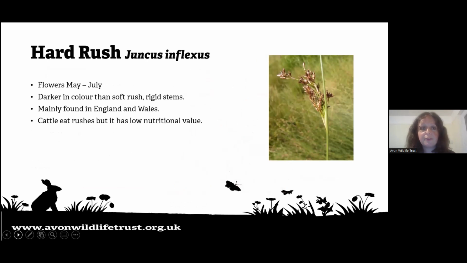So firstly we have hard rush, Juncus inflexus, flowers May to July, and it's quite dark in colour, dark green, and as the name suggests, it's quite a hard stem. They're mainly found in England and Wales, and cattle eat rushes, but it's not really of nutritional value.